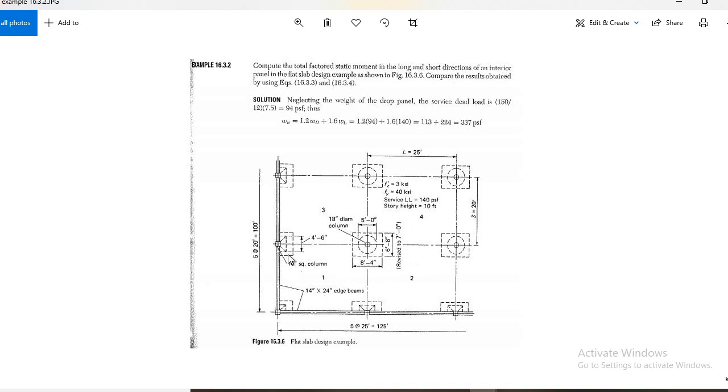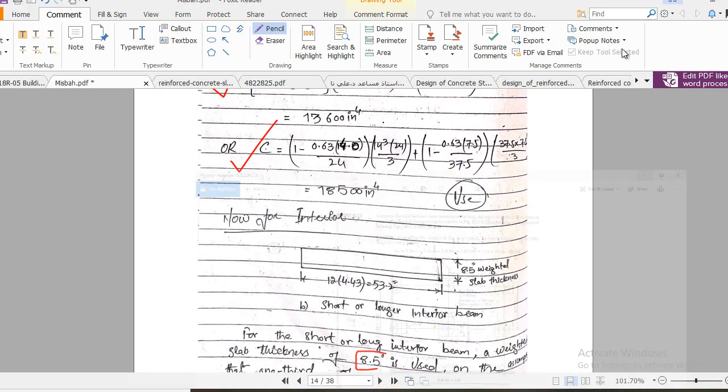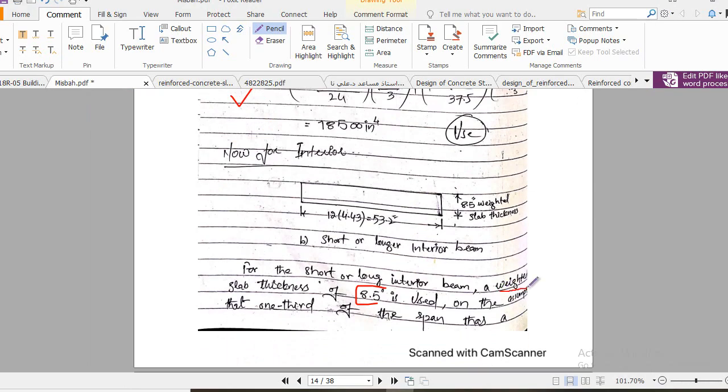Similarly in this region, but in the panel region we have 7.5 inch thickness. So they assume that 1/3 means that one portion has a slab thickness of 7.5, but the rest has a slab thickness of 10.5 inch. So on the basis of that, they are using the weighted average thickness, that is 8.5 inch.